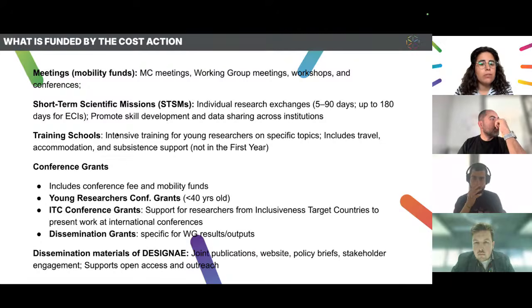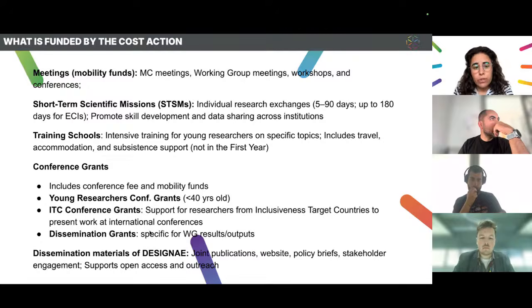We also have funds to allocate to training schools for young researchers around specific topics, and funds for conference grants, which include the conference fee and the mobility funds.